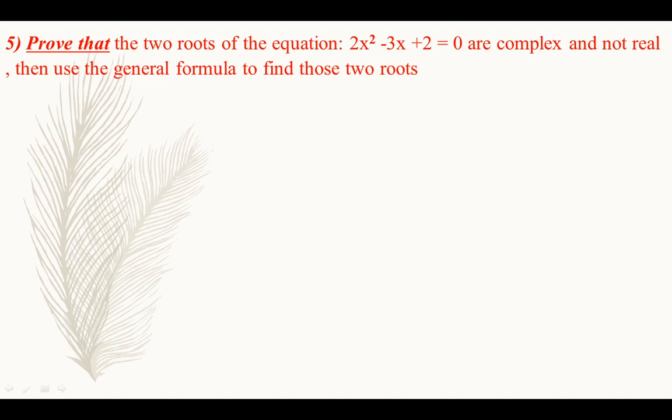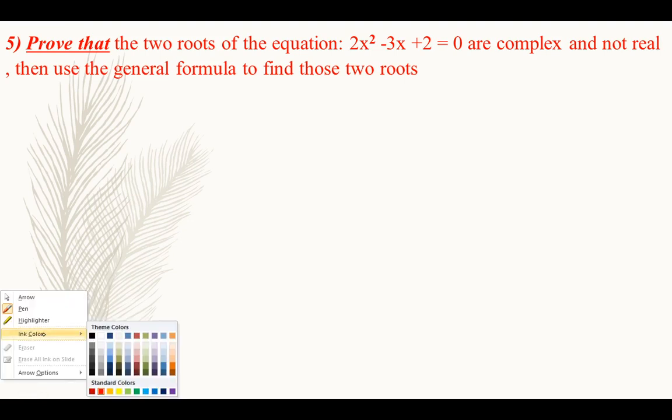But if the discriminant equals a negative number, then the two roots of the quadratic equation are complex and two conjugate roots. Okay? So now we are going to calculate the discriminant together.